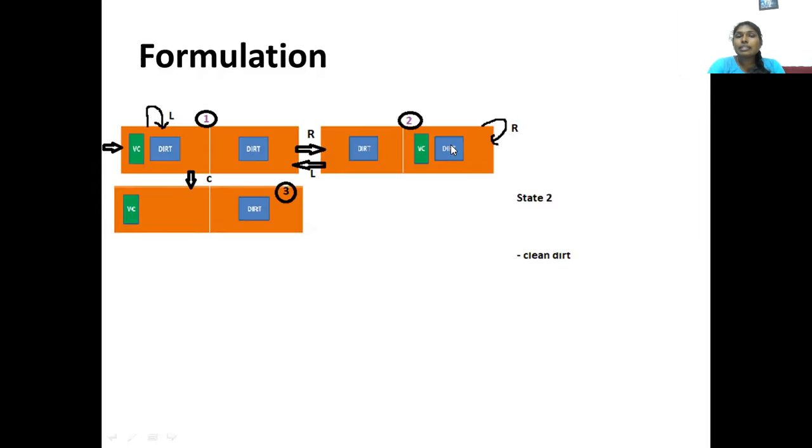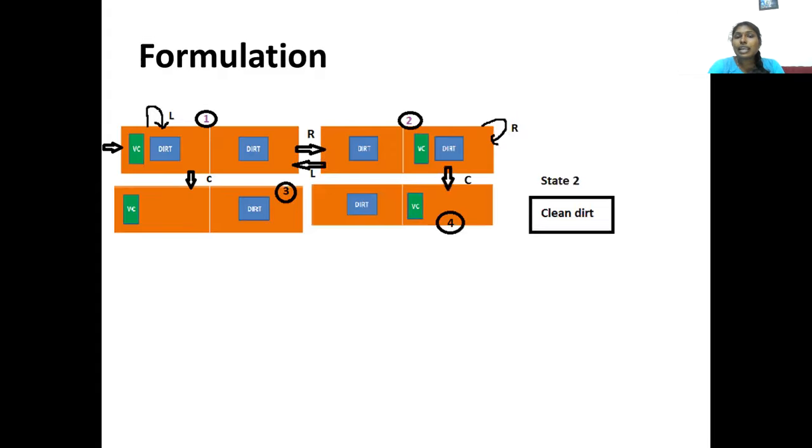When it cleans the dirt, the right side room will be clean and the vacuum cleaner will remain in the right side room, and this is called the clean dirt operation. So now we know state 1 with all possible operations is defined properly, and state 2 with all possible operations is defined properly.